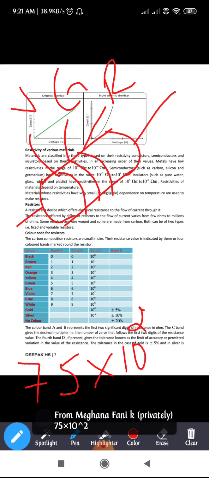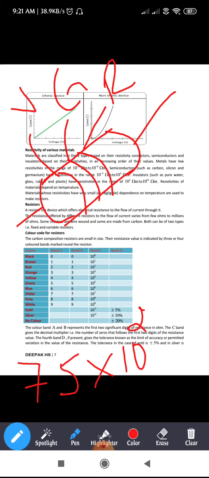But you need to calculate the value of tolerance there. Since you don't have any band on the given resistor, what you are going to consider is, go through the table, just go through the last line. No color.